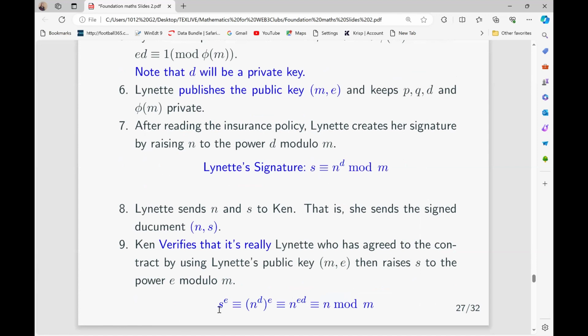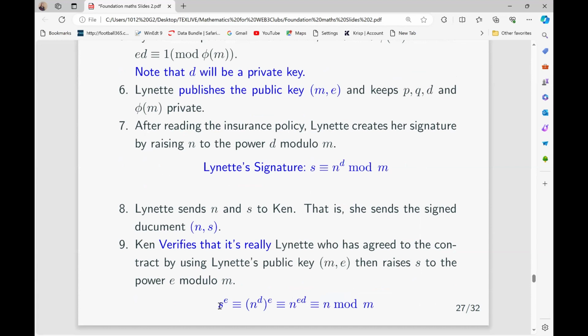This is what Lynette had sent to you. Lynette has sent you S. Raise S to E and see whether you get the original message you sent to Lynette. You just want to see whether you can get the original message you had sent to Lynette.